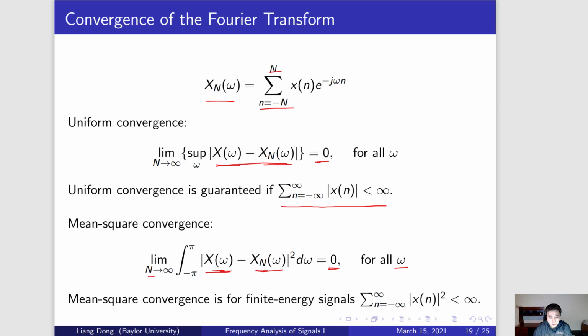Mean square convergence is for finite energy signals. So the condition is that the signal x[n], absolute value squared and summed together, which is the energy of the signal, is finite.